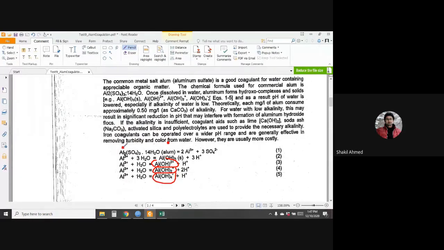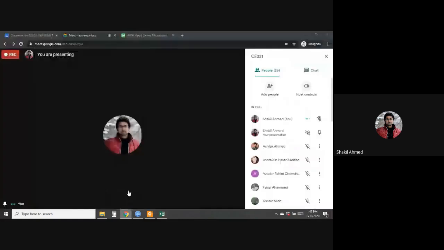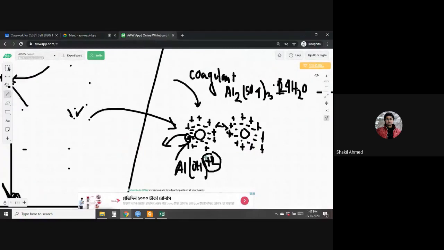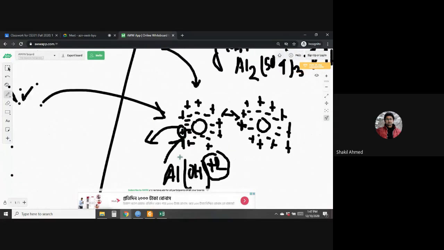So, as I was telling, once you add alum in the water, it produces these species, for example, aluminium hydroxide, positive species. They have greater affinity for the negative charge.